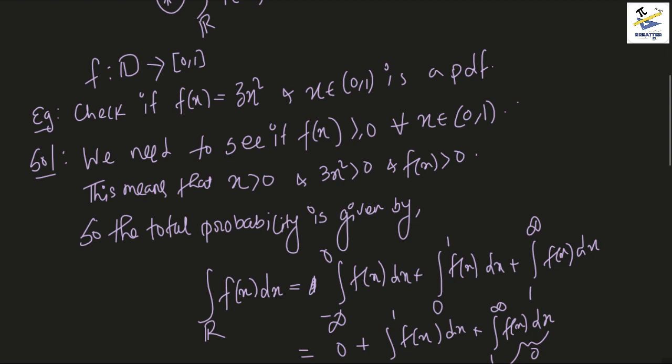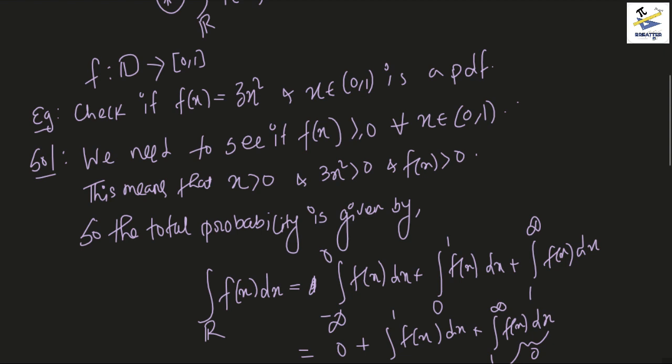So the total probability is given by the integral of f of x over the whole real line, so anyways we need to prove that it is equal to 1.